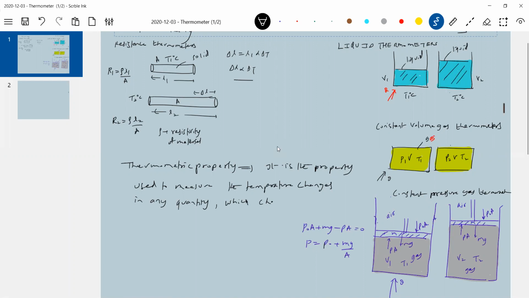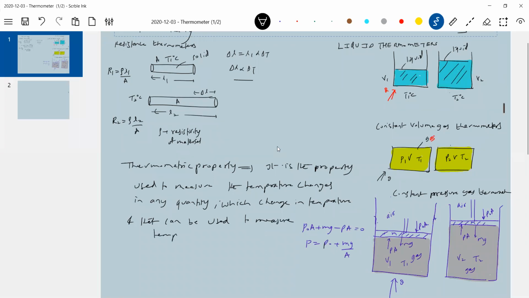It is used to measure the temperature changes, any quantity that changes with change in temperature, and that can be used to measure temperature.